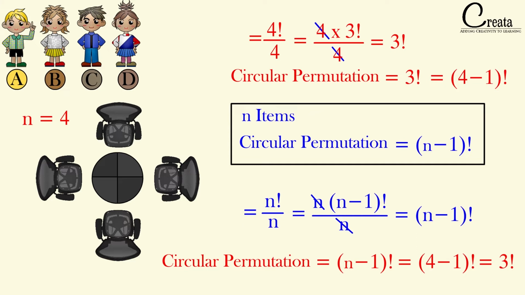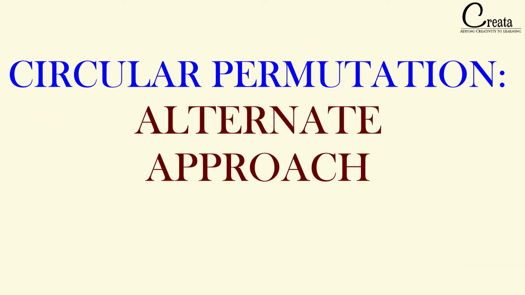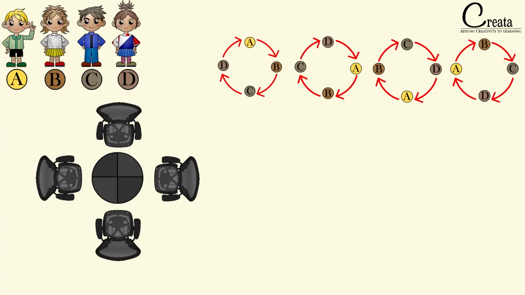So we have seen an approach to deal with the circular permutation. Now we will see an alternate way to deal with the circular permutation. Okay? In this alternate way, we will start with the main issue with the circular permutation. That is, all these 4 arrangements are same. This is the main issue in the circular permutation.